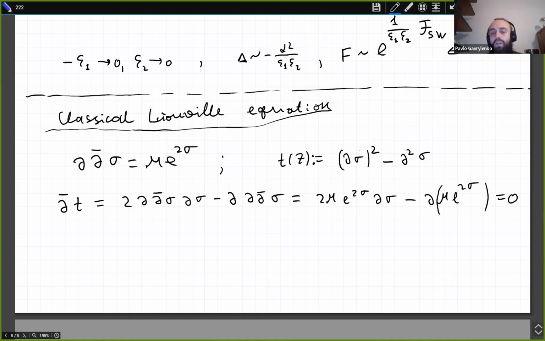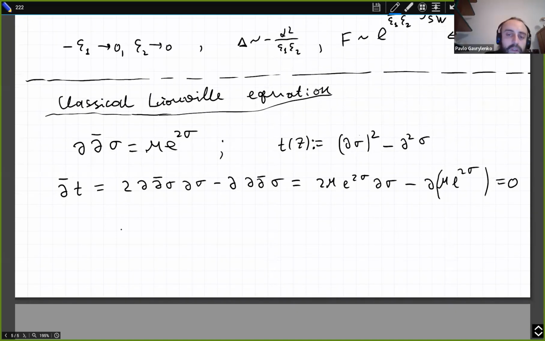So this is 0. Therefore this object is holomorphic. And also we can consider t-bar with bar derivatives, and it will be anti-holomorphic.